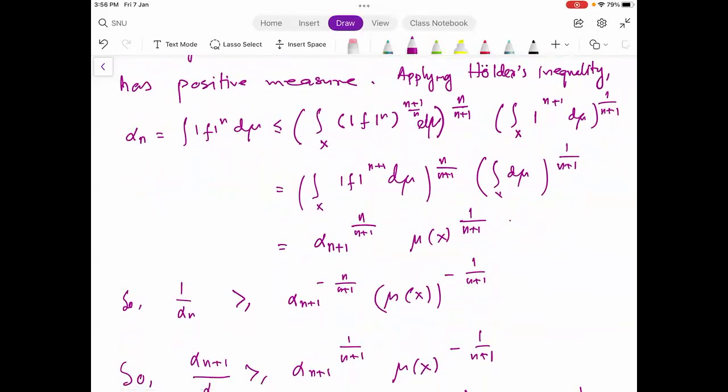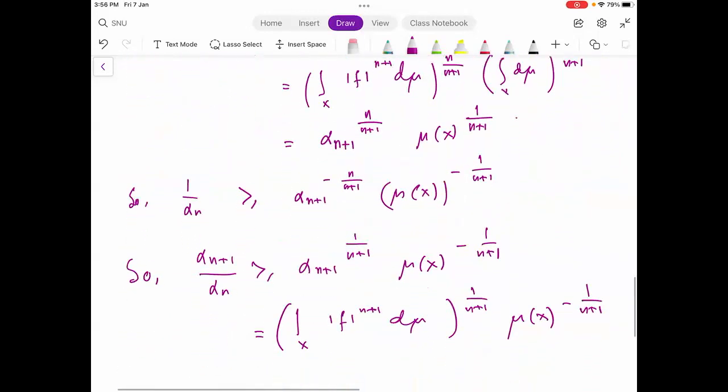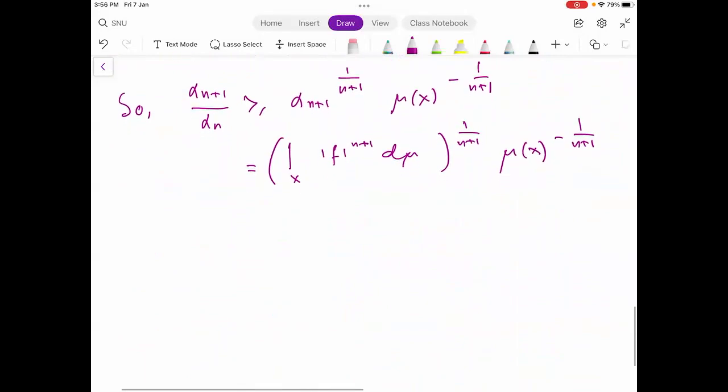What I've done is I have applied Holder's inequality to alpha n, and thereby I have deduced that 1 by alpha n is greater than or equal to alpha n plus 1 to the power minus n by n plus 1 mu x to the power minus 1 by n plus 1. This gives me the advantage that alpha n plus 1 by alpha n is greater than or equal to alpha n plus 1 to the power something and mu x to the power minus something. I am desperate to bring in norm f infinity, norm f infinity minus epsilon, in fact. How do I do that?